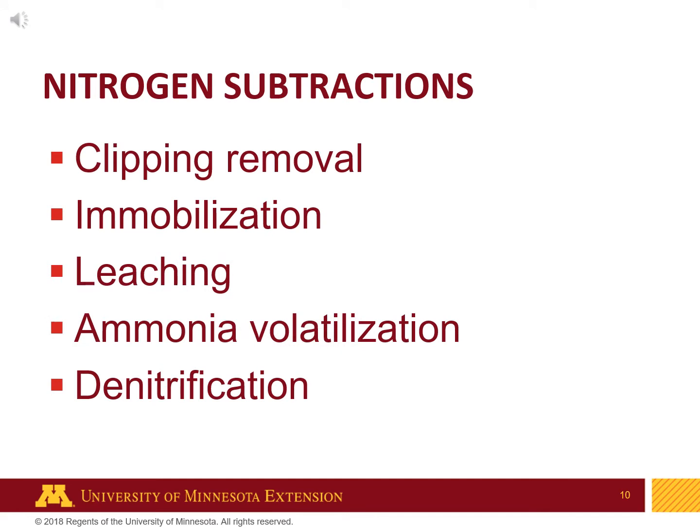Nitrogen subtractions are processes that are reducing the amount of nitrogen available for the turf plants to use. Removing or collecting clippings when mowing can remove as much as 1 pound of nitrogen per 1,000 square feet per year and is a significant loss of nitrogen. Nitrogen immobilization is a decrease in nitrogen availability to plants as soil microbes convert the plant available forms into unavailable organic forms of nitrogen. Leaching is the loss of nitrogen from the soil as water drains through the soil.